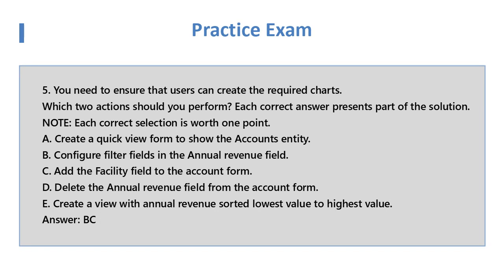B. Configure filter fields in the annual revenue field. C. Add the facility field to the account form. D. Delete the annual revenue field from the account form. E. Create a view with annual revenue sorted lowest value to highest value. Answer: B, C.